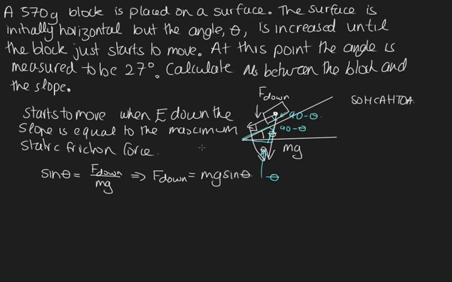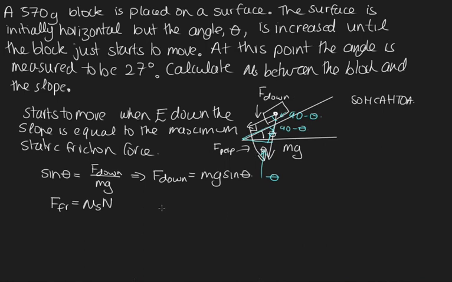Now what we need to do is work out what's the maximum static friction force. So we know that the static frictional force goes up to a value of mu s times the normal force. Now before, the normal force has always just been mg, but in this case the normal force opposes just the weight force into the slope, which is this side here. Let's call this F perp, for F perpendicular to the slope.